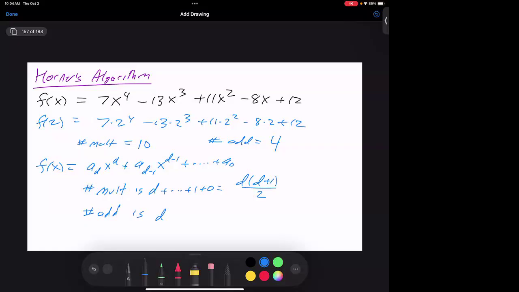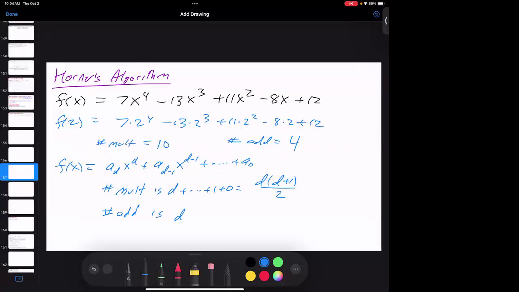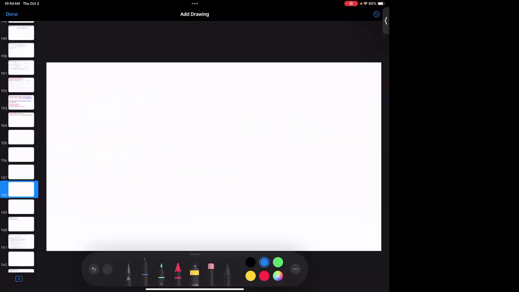If you think about it, addition is much cheaper than multiplication. The reason is that if I give you two numbers to add, you basically just add vertically, right? Addition is cheap.